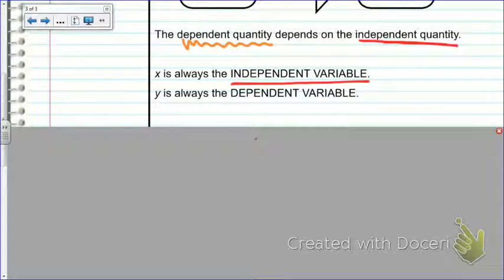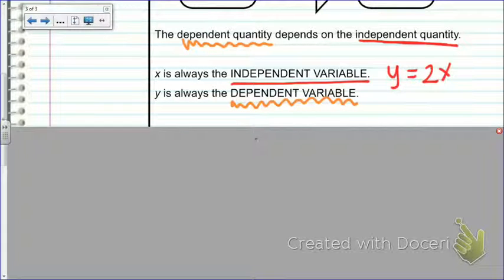Which should make sense, because in an equation like, I don't know, y equals 2x, let's say, do you pick values to plug in for y, or do you pick values to plug in for x? For x, right? And then y follows. So that is your y. X is always your independent variable, because that is where you are plugging stuff into, and what gets spit out is y. So y is dependent on x.